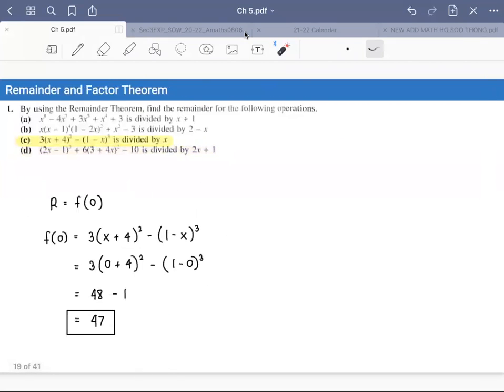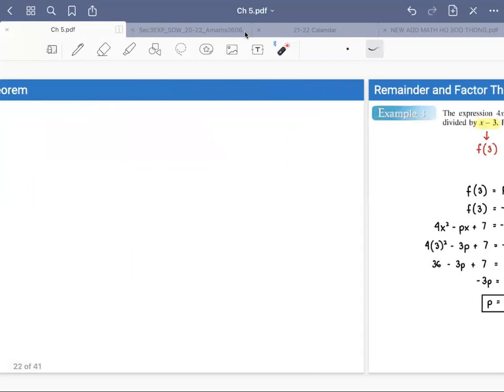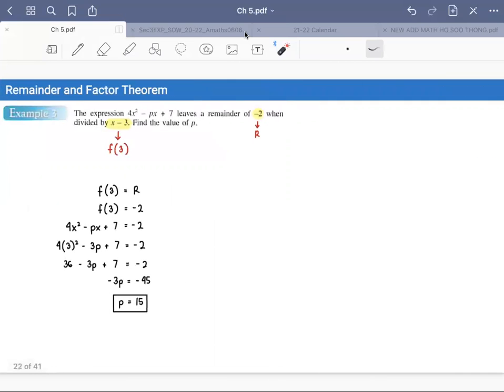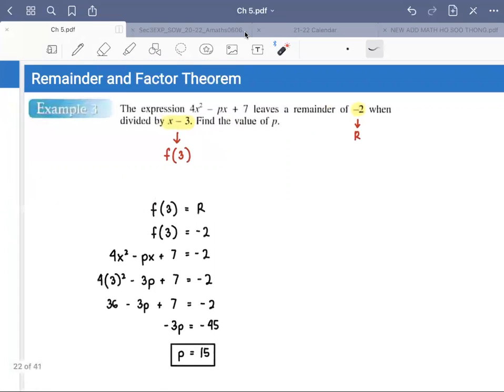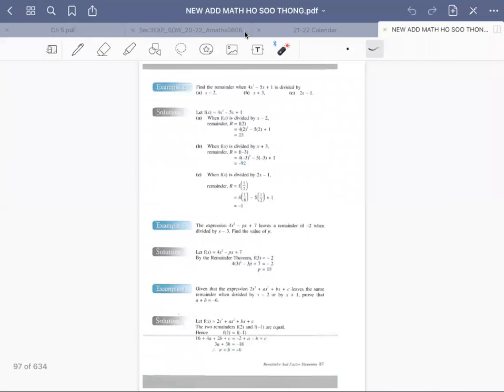Next, let's have some word problems with the remainder and factor theorem. Let's have example number 3, on page 87, but you can just look here.